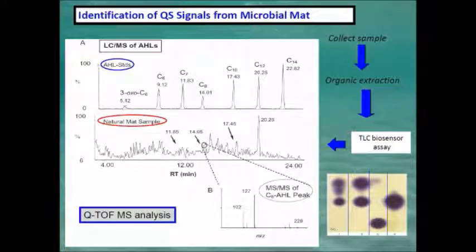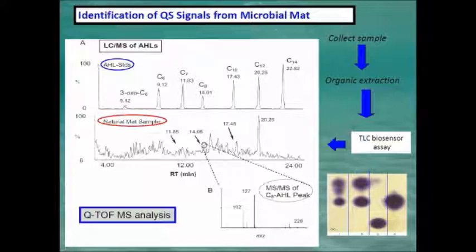And we can see a natural mat has many different peaks on the bottom chromatogram. At the top are standards of different sized AHLs that I mentioned earlier, a C6, a C8, a C10. And when we get the same retention peak, we could then isolate that peak with the mass spec and rerun it under a higher energy and break that molecule.